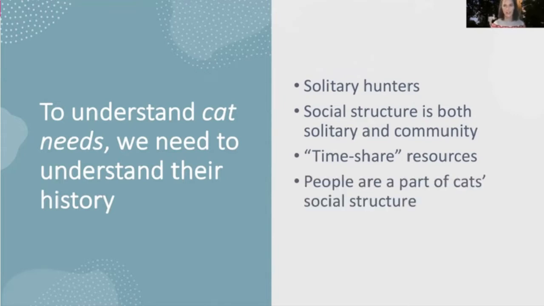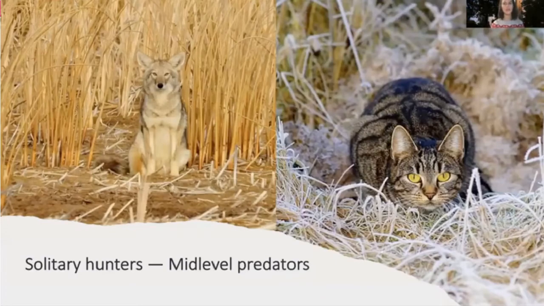People are part of cats' social structure. So people, their owners, are really important, and making sure that we preserve access to that quality time. And cats use scent for communication, right? That's, again, one of those pillars for a healthy environment. So cats are mid-level predators, right? Mesopredators.